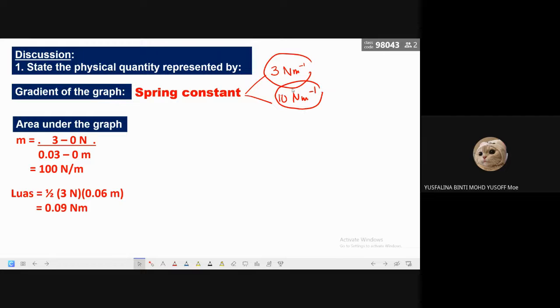Okay, how about the area under the graph? The area under the graph is actually equal to the elastic potential energy.